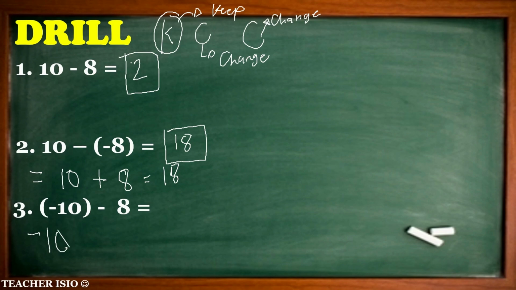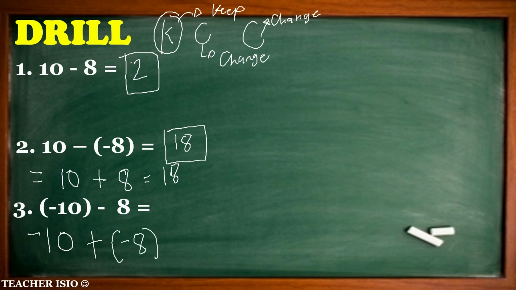Just bring down negative 10. And then, we're going to change subtraction into addition. Since this is positive 8, it becomes negative 8. Very good.